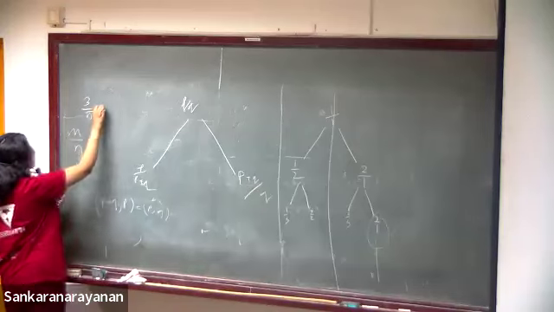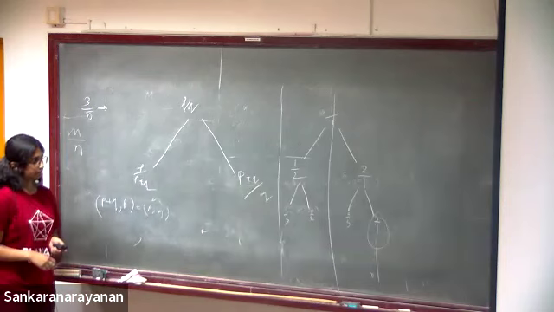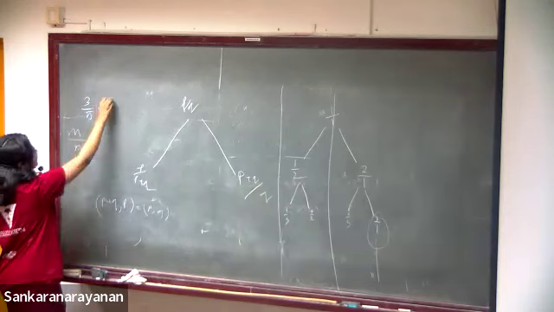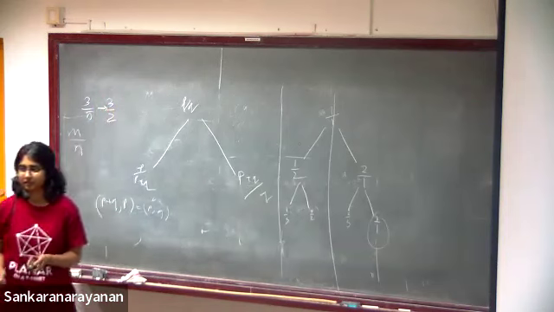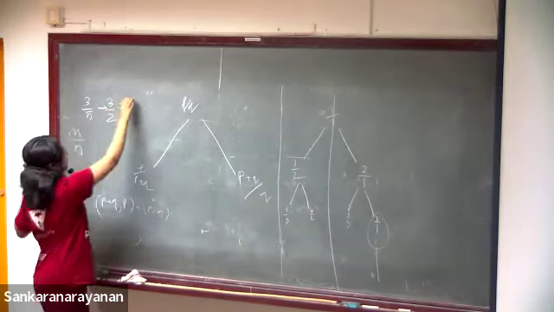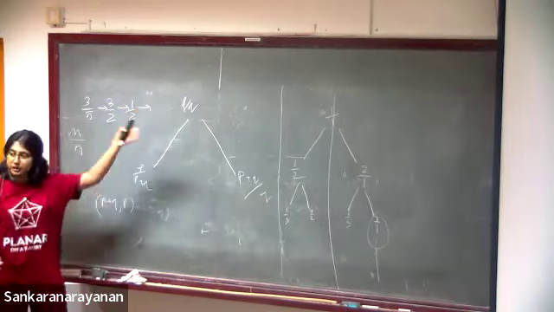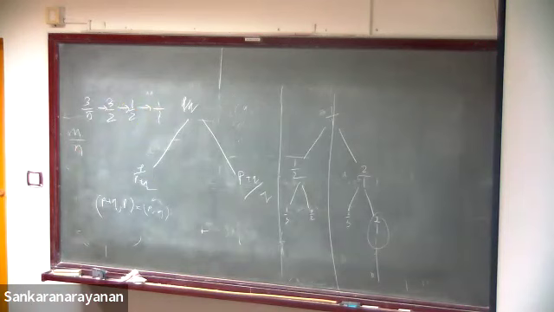Yeah, it would be on the left. So it would be 3 by 2, correct? Where would it be? Yes. So it would be 1 by 2, which would be 1 by 1. So I am getting a unique path.